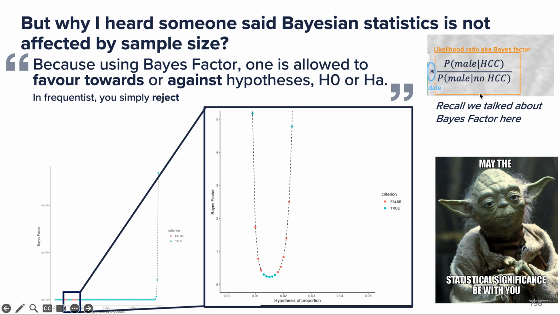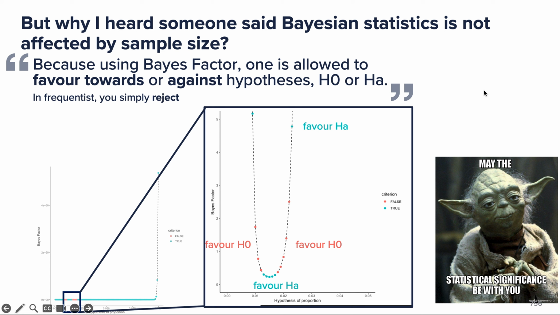So in a situation, you can actually have both scenarios, in favor of the null hypothesis or in favor of the alternative hypothesis. But the reality is that you don't really know where your data set stands.